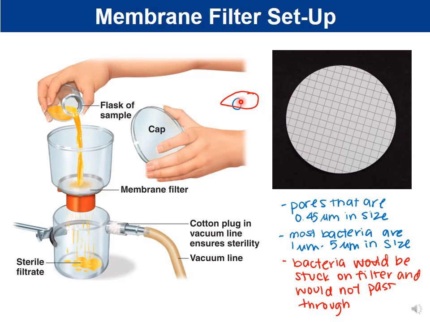So in the diagram, the little blue is the size of the pore and the red is the bacteria. The bacteria are much larger than the holes. They're not going to pass through the pores and they're going to end up stuck on this filter. Then you can take this filter and put it on Endo agar to see if there's bacteria that were in that water sample.